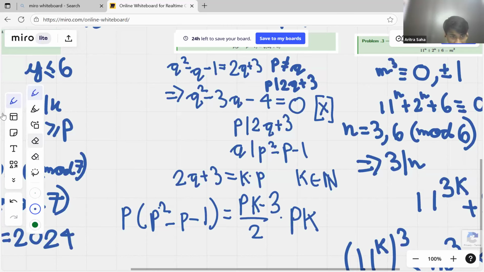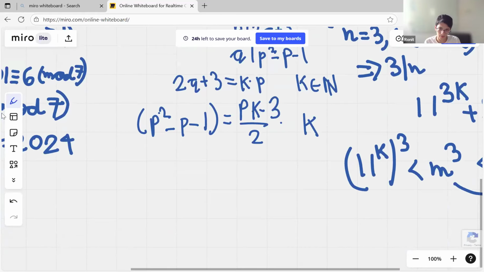Remove this p. Now you can multiply by 2, and you get kp minus 3 divides 2p squared minus 2p minus 2.